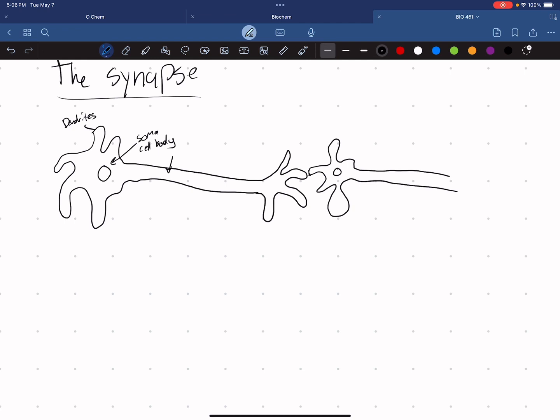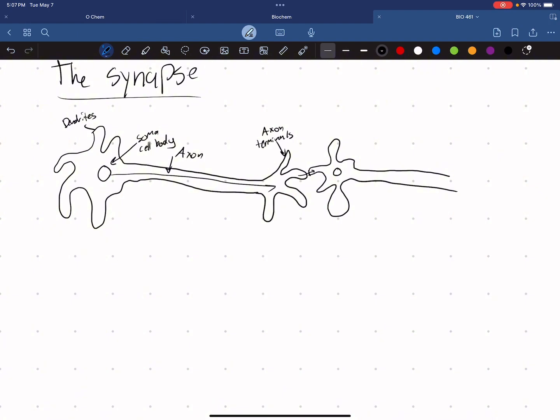And this right here is the axon and the axon terminals. So we know that a signal will go down this direction from the cell body down the axon to the terminals, and then will send itself to a nearby neuron onto its dendrites. So the dendrites are the receiving end and the axon terminals are the sending end.